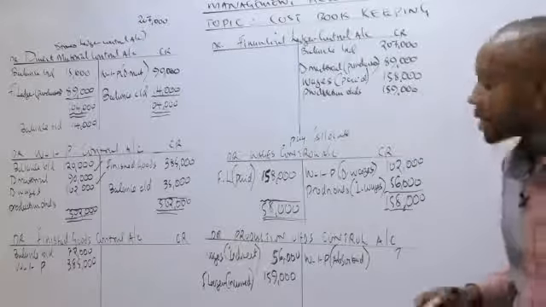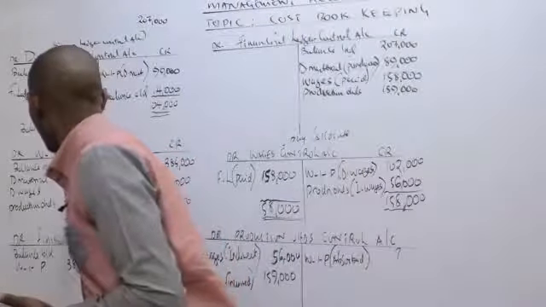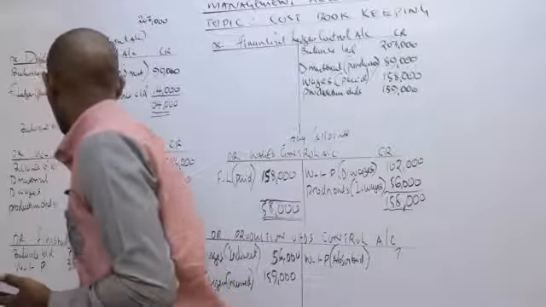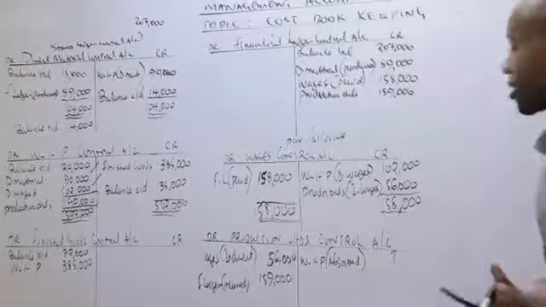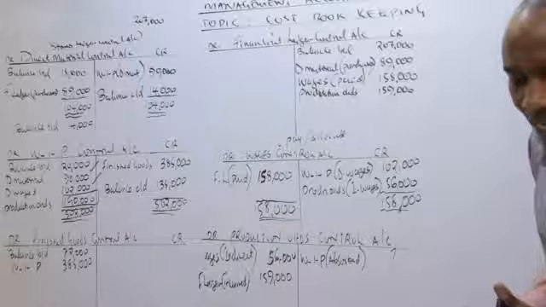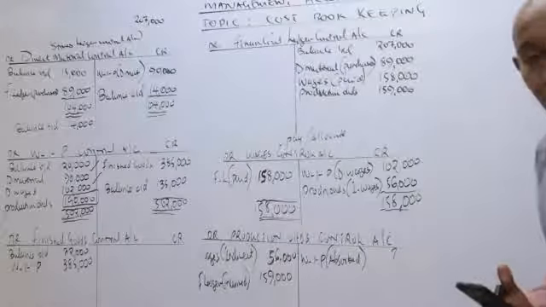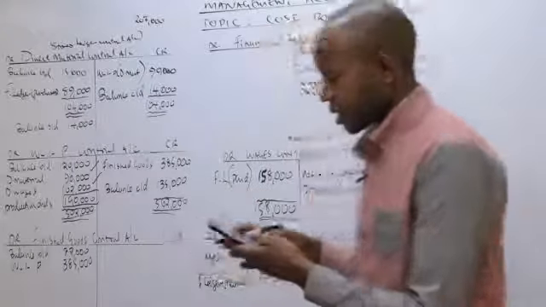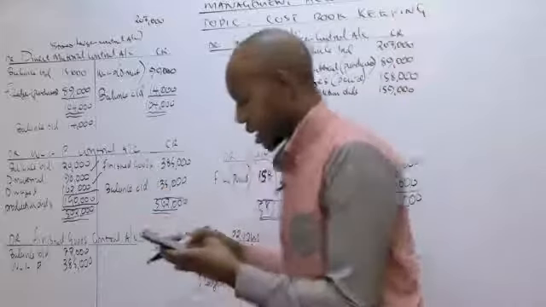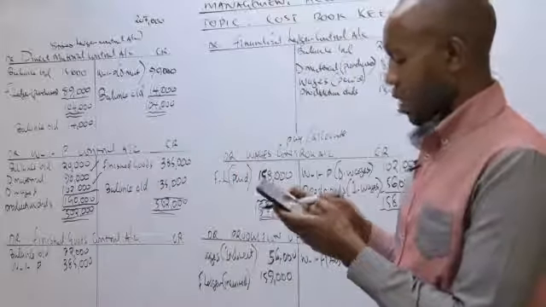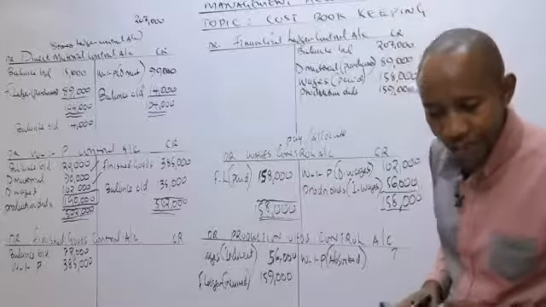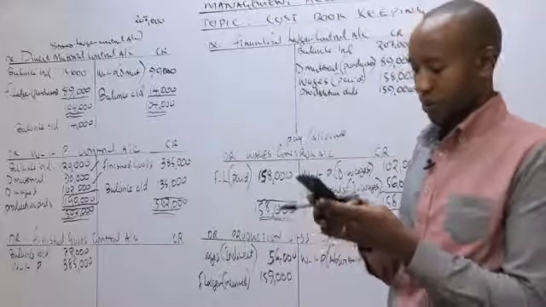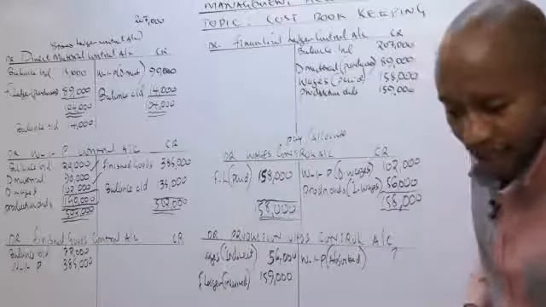The balancing figure here is 190. Everybody able to see how we've gotten that figure? We've just taken 120, added to 90, added to 102, we got 312. And then we subtract 312 from 502, and that gives us 190.